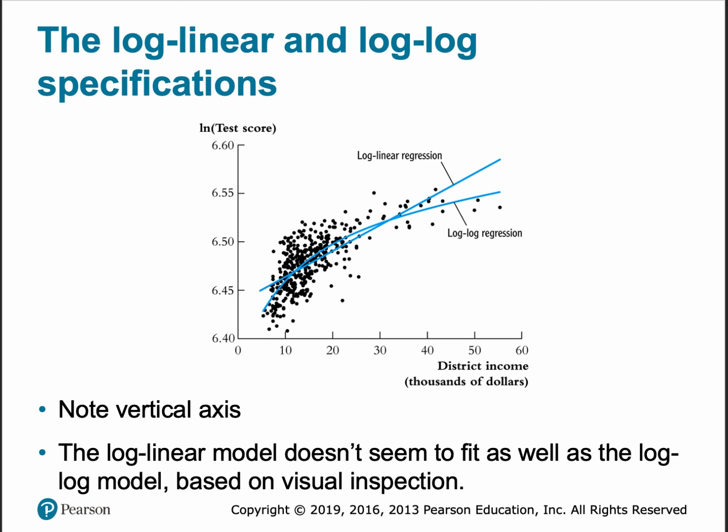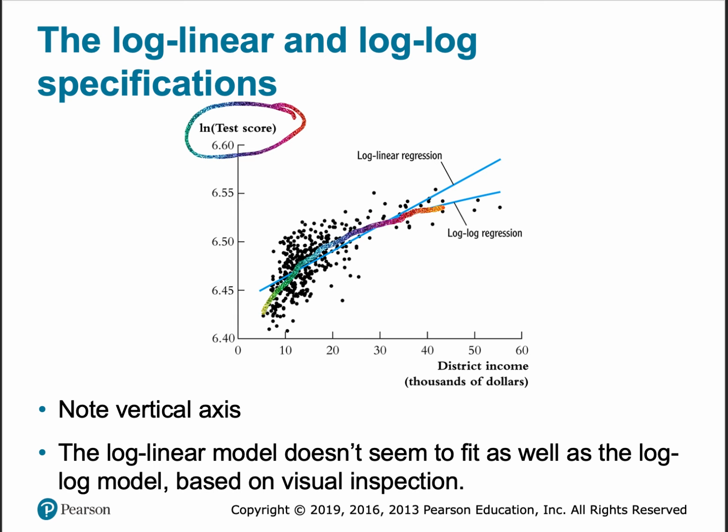And we can ask, how does this compare to the log linear model? So we have the log linear regression and the log-log regression plotted here. In the vertical axis, we have log of test score. And note that the log linear model does not seem to fit as well as the log-log regression. Let's put the log-log regression in beautiful rainbow colors.